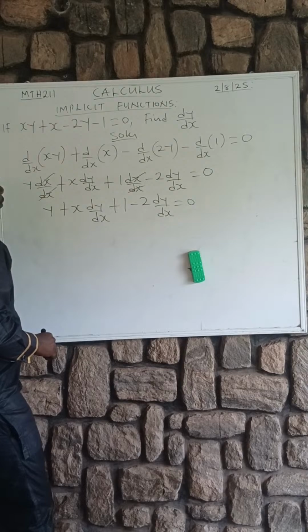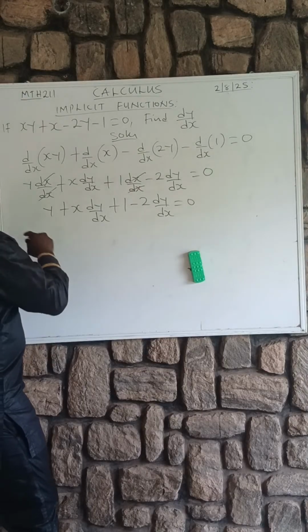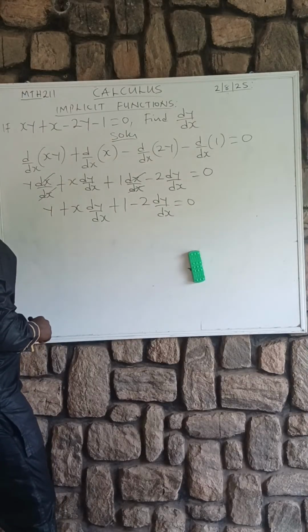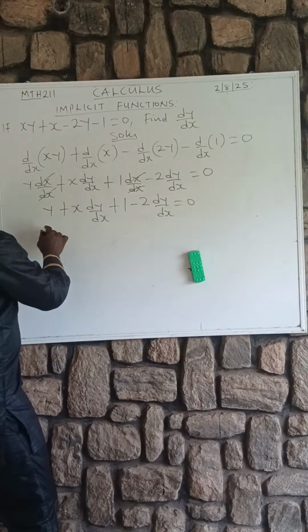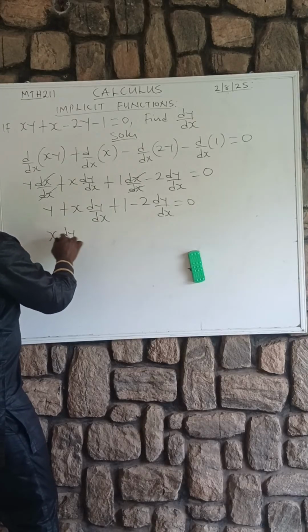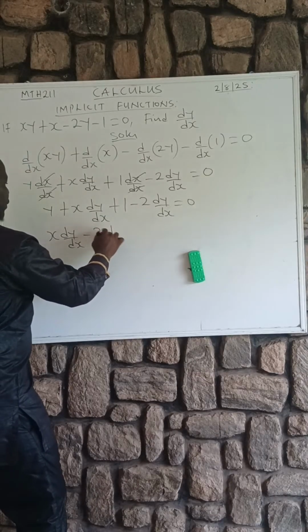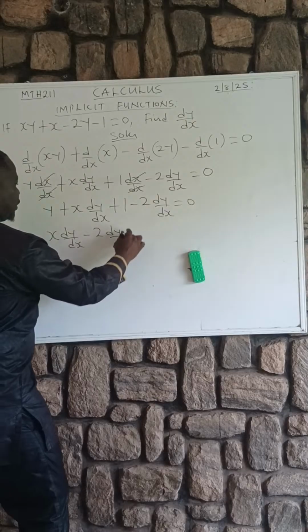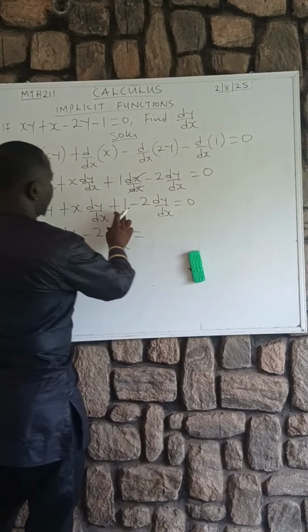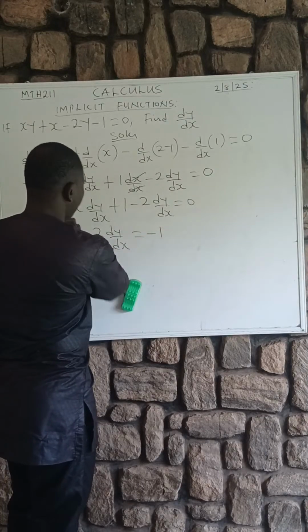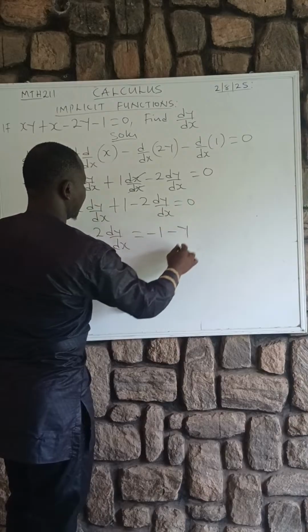As you can see now, we have x dy/dx minus 2 dy/dx equals 1, crossing the sign of equality becomes minus 1. Then y crossing the sign of equality becomes minus y.